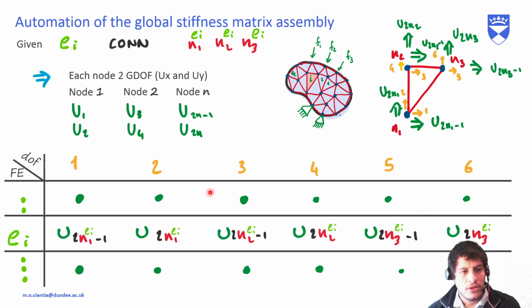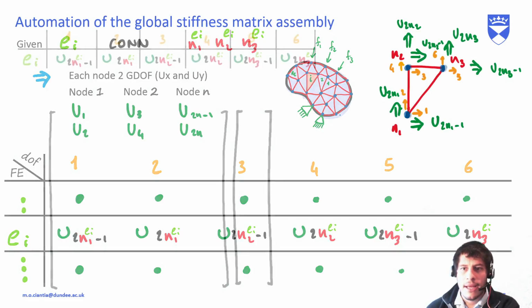Okay, so we start to see how we're generalizing this, and given this, then we should be able to build, well, at least know where to add the terms of the stiffness matrix of the element Ei within the correct position of the global stiffness matrix. So let's try to do it.